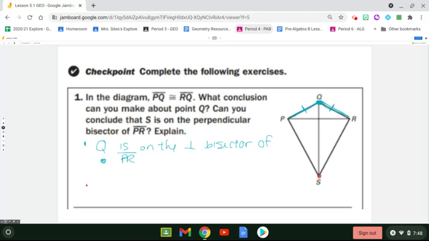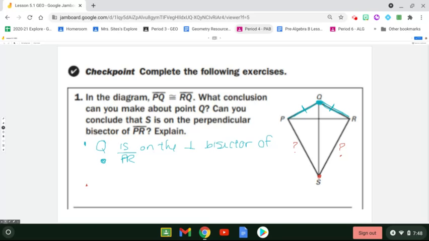We need to say that PS would have to be congruent to RS. And that information is actually not given to us in the problem. So because we don't have that information, we don't know that S would be on the perpendicular bisector.